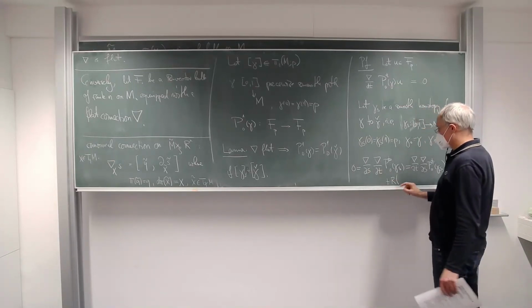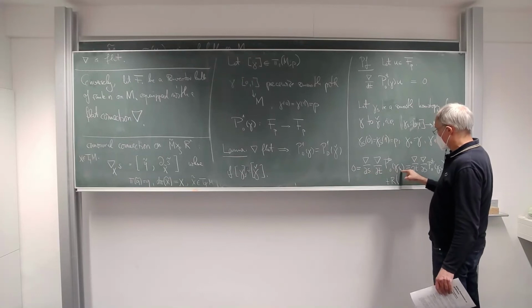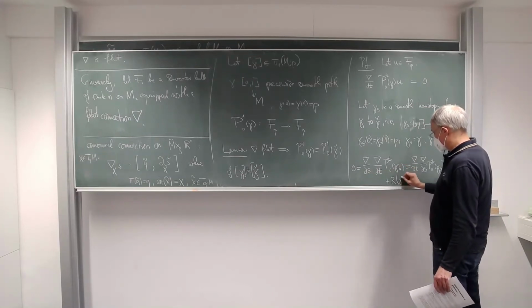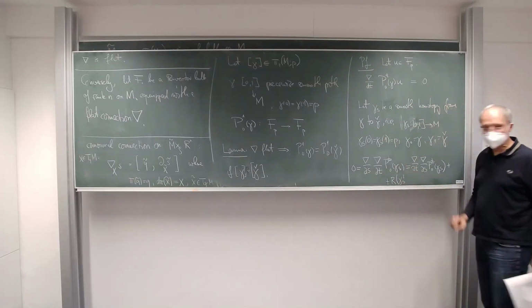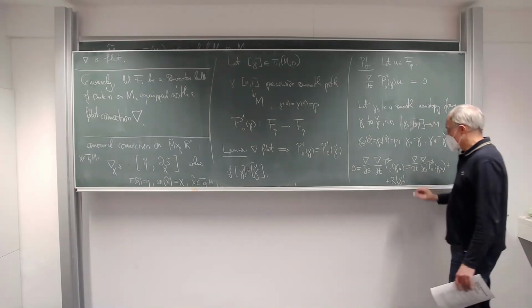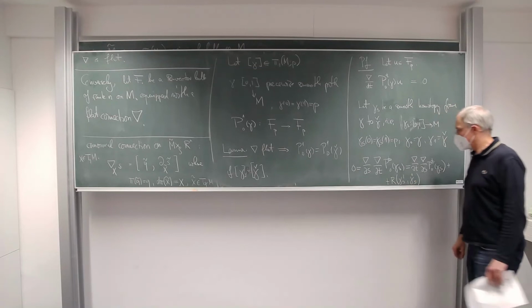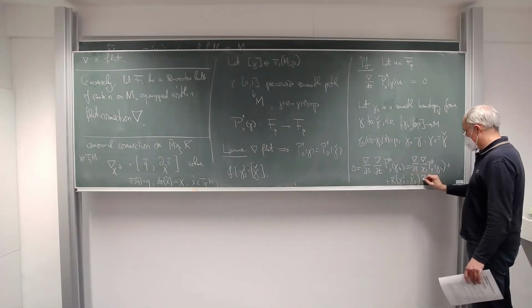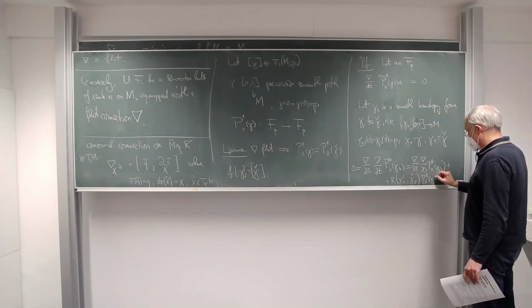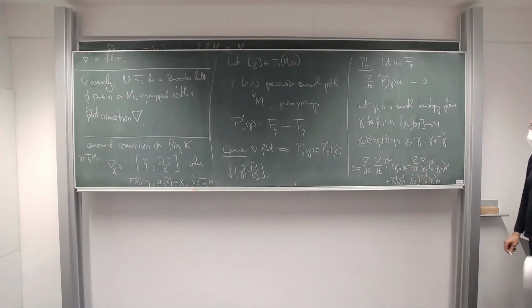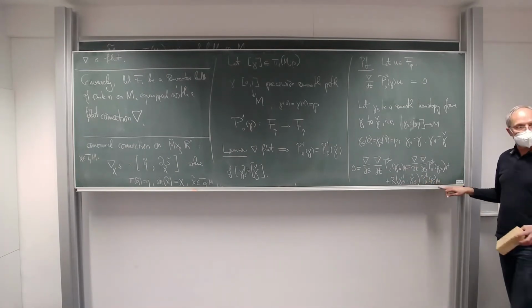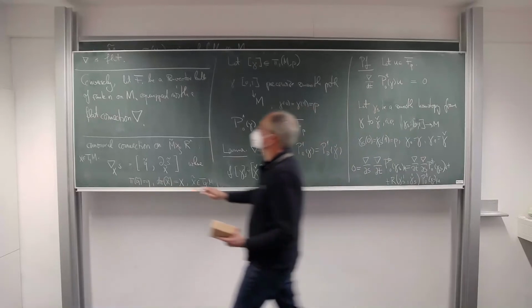So here I have the derivative of gamma S in the S direction. Let me call this gamma S prime. So the prime stands for the S derivative. And here I have the T direction, so it's gamma S dot applied to P0T gamma S of U. But here we have assumed that the connection is flat, so this correction term is actually not there.